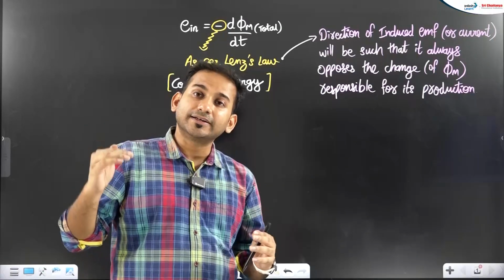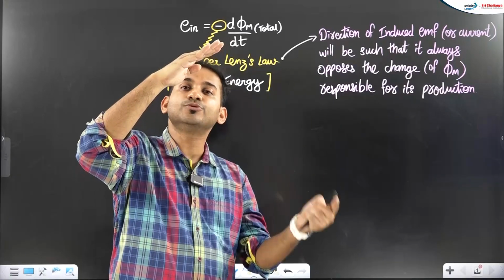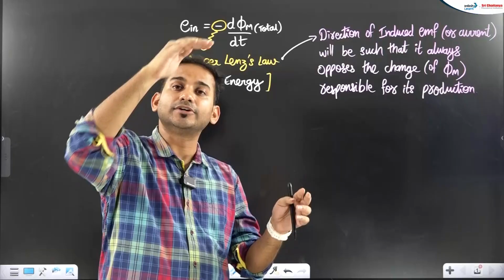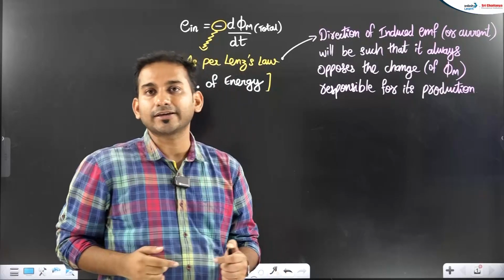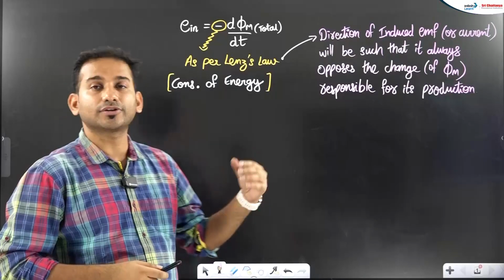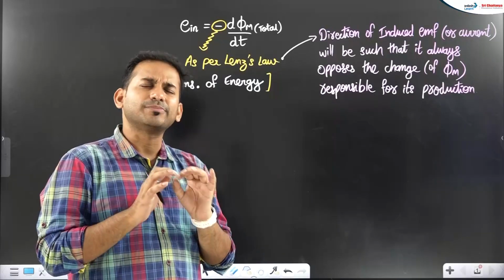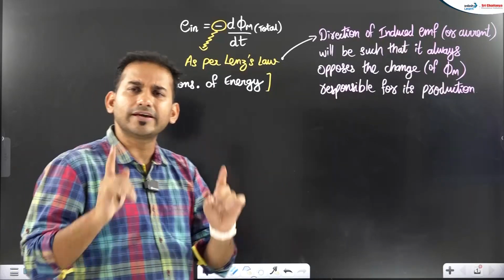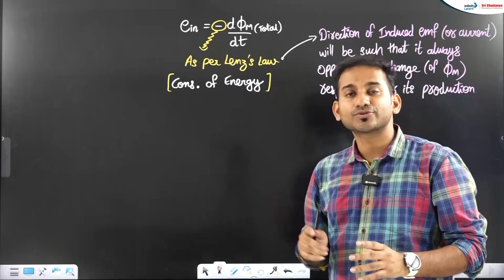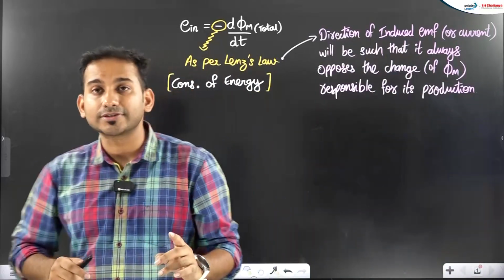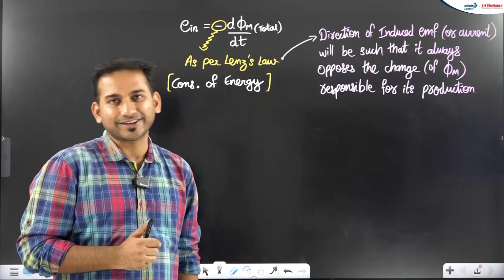If the magnetic flux is increasing with time, the EMI will happen and the induced EMF will try to decrease this flux. If the magnetic flux is decreasing with time, then the EMF will be induced in such a way that it will try to increase it. So the induced EMF or current always prefers to oppose the change responsible for its production.